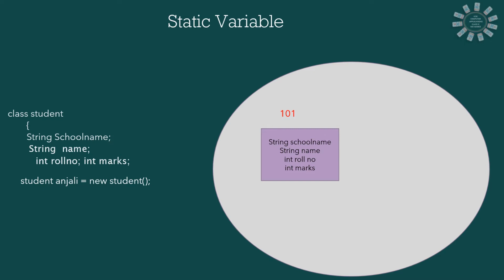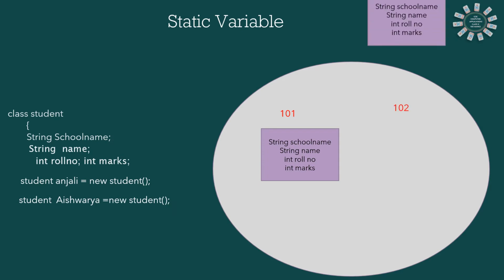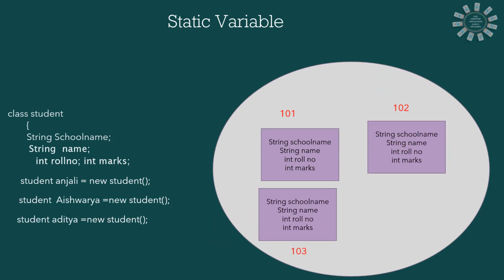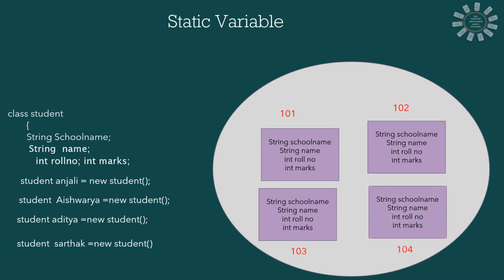She can access it and store any value, Anjali.schoolName, Anjali.name, Anjali.rollNumber and Anjali.marks, according to the data type. When you create a second object, a second copy is created, third object means third copy and fourth object means fourth copy. That means it is using the memory and memory is wasted for creating all these copies. If 100 objects are there, 100 copies will be created.